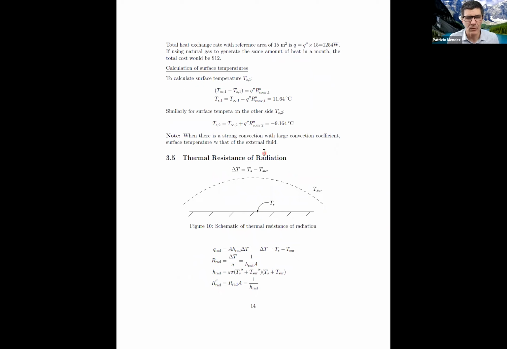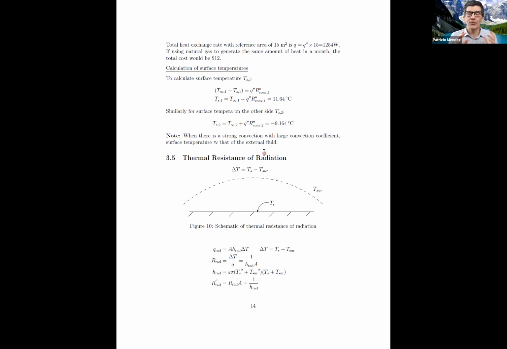And the last thing we saw last class was, okay, given that we can assign a thermal resistance to conduction and we can assign a thermal resistance to convection, can we assign a thermal resistance to radiation?